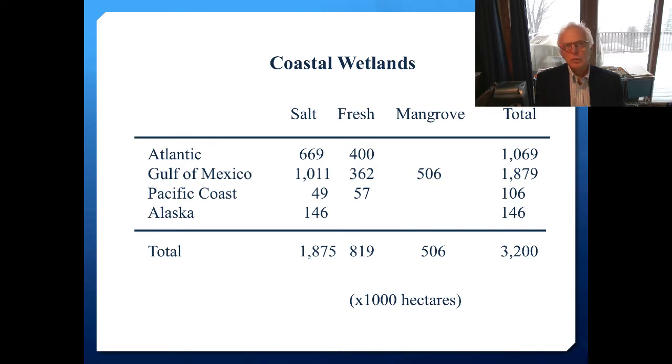Pacific coast, very little, because the terrain is so precipitous, and likewise for Alaskan wetlands, very little because it's very rocky. There are sort of fjord systems, but those would not be classified as wetlands. Oh, and I should mention the mangroves, but we'll look at those in a little more detail in just a bit. So a total of about 3.2 million hectares of coastal wetlands.